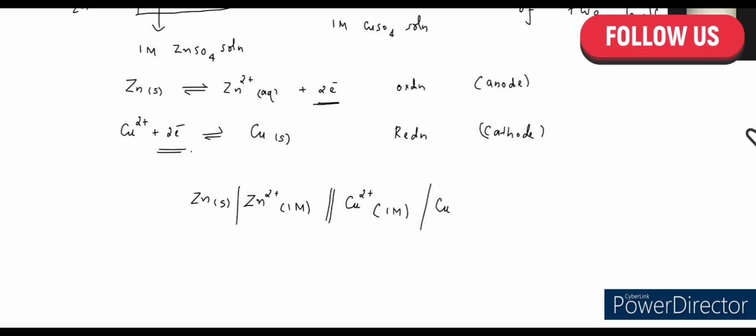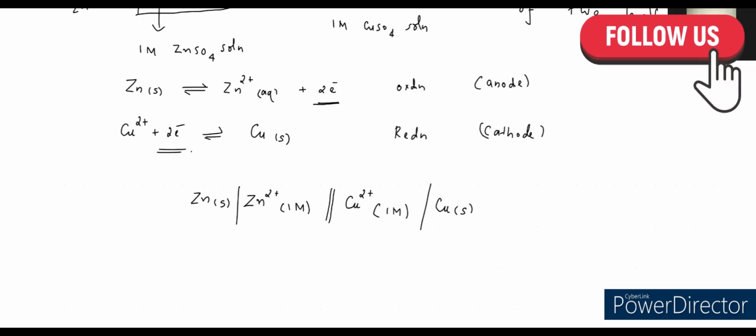So this is how we represent the cell. Now, you cannot change this order. It has to be written in the same order with the physical state of the electrodes, also with the concentration of the electrolyte solutions. 1 molar ZnSO4, 1 molar CuSO4 was taken. That's why that 1 molar is written.